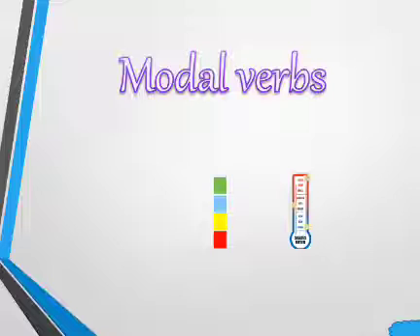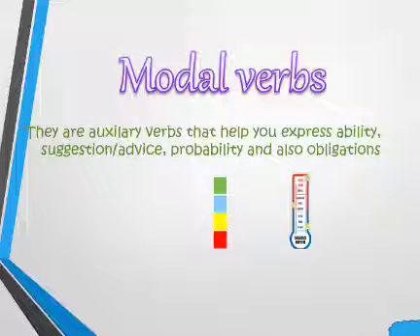Entonces, modal verbs. They are auxiliary verbs that help express ability, suggestion, advice, probability, and also obligations. Sabemos de que los verbos modales son auxiliares que pueden expresar habilidad, sugestiones, consejos, probabilidades y hasta también obligaciones.